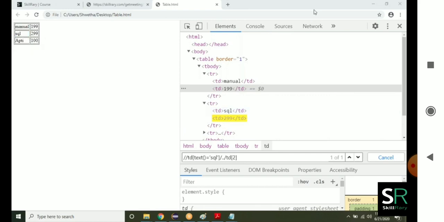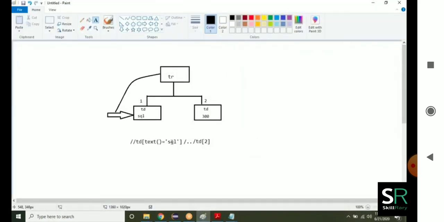Okay, this is called the independent dependent technique or independent dependent XPath. First, what I have done, let me go here. First, I have written the XPath for this SQL book, guys. From SQL, you know how to move to the parent: by using slash dot dot.